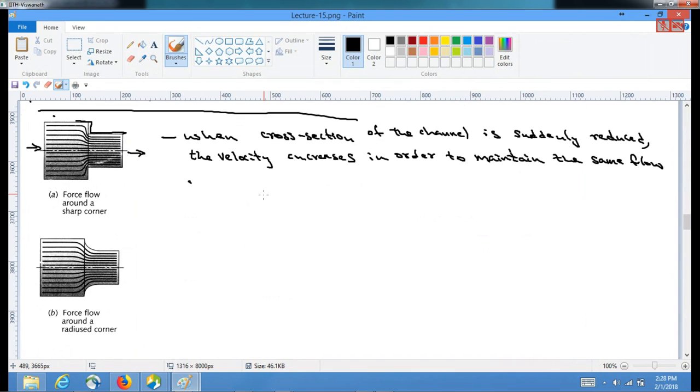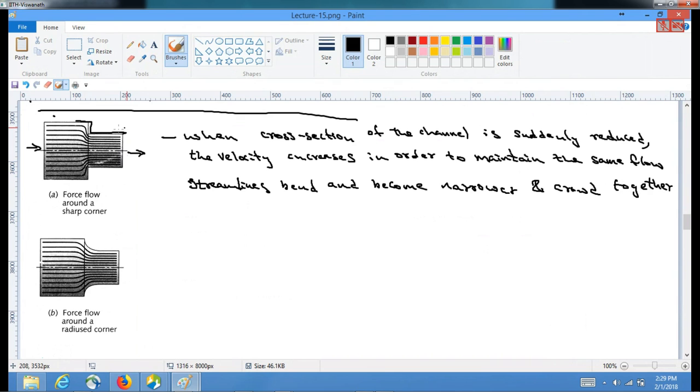Okay, so automatically what happens? Streamlines get closer to each other, and at the bend at this place, streamlines bend at the abrupt changes and become narrower and crowd together.